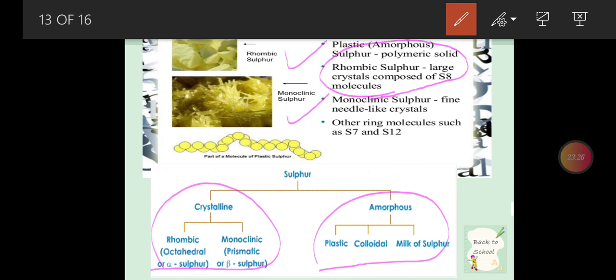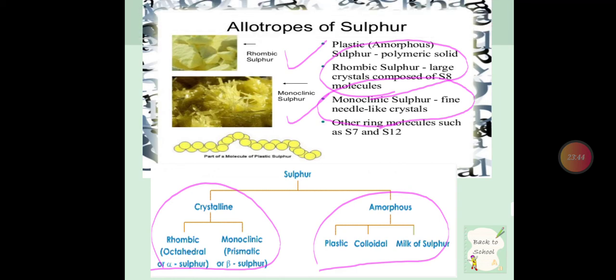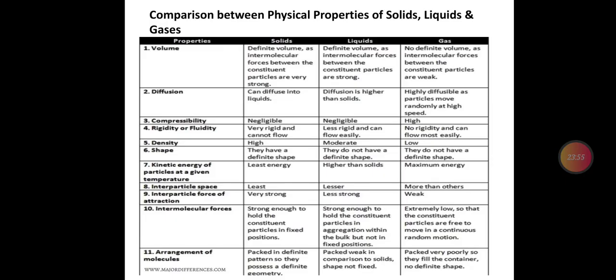In rhombic, the crystals are composed of S8 molecules, whereas in monoclinic, needle-like crystals are formed due to the specific arrangement of sulfur molecules in needle-like structures. So this is all about allotropes of sulfur. You just need to learn the classification, which crystalline forms are there and which amorphous forms are there.